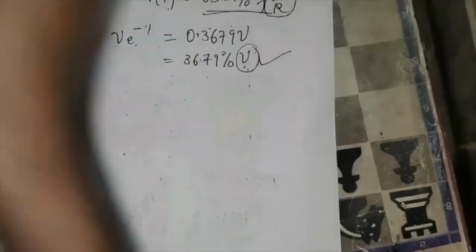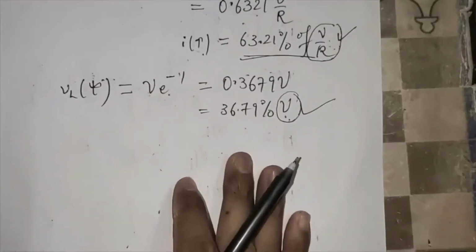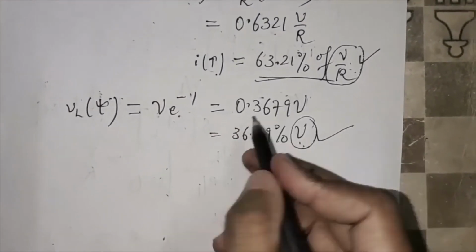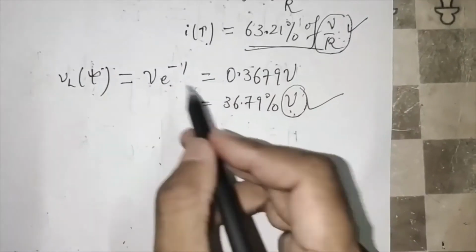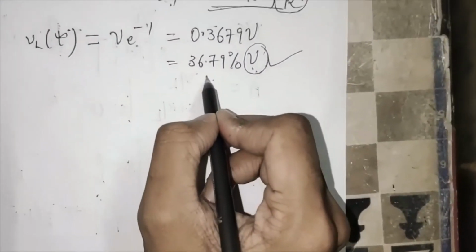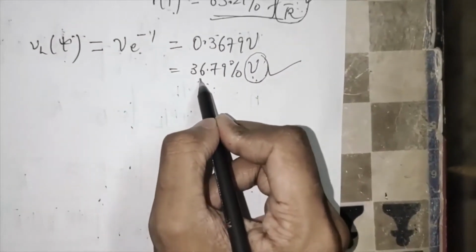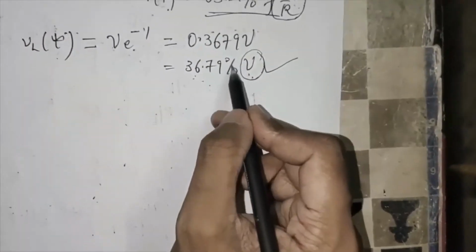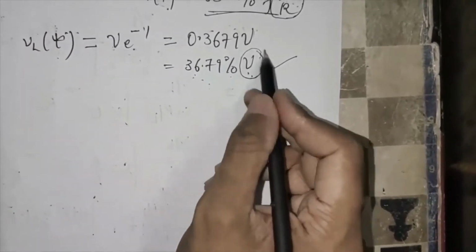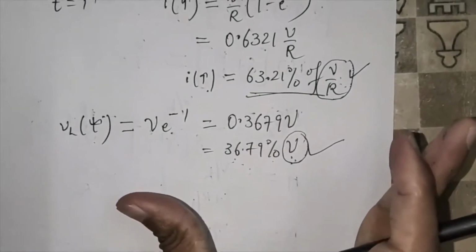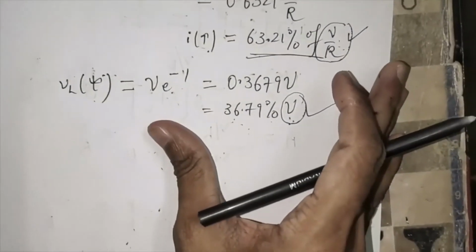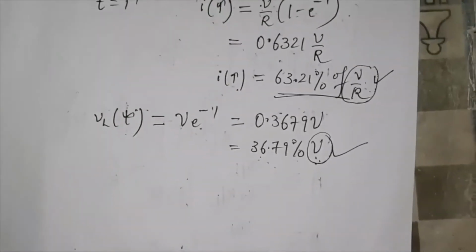So the time constant I can also define as the time taken for the voltage across the inductor to fall to 36.79% of its initial value. In this way we can define the time constant of an RL circuit.